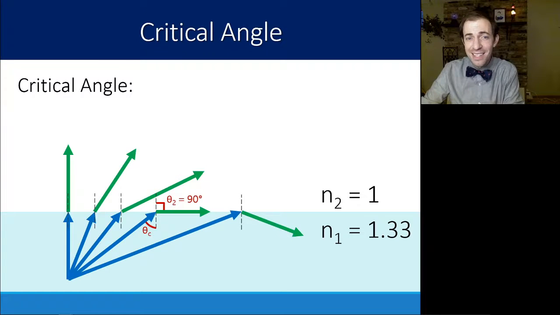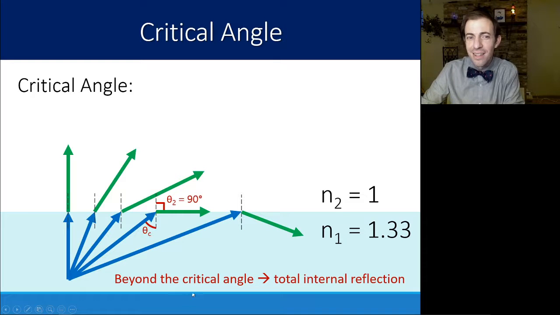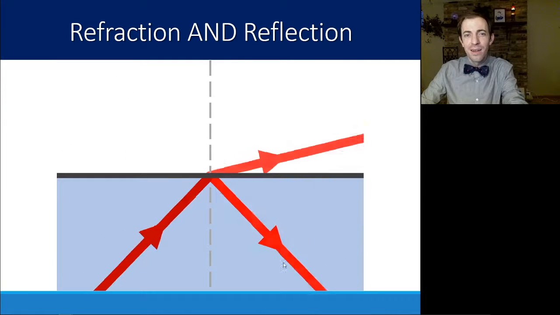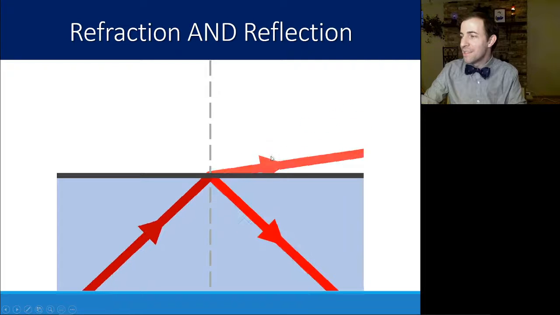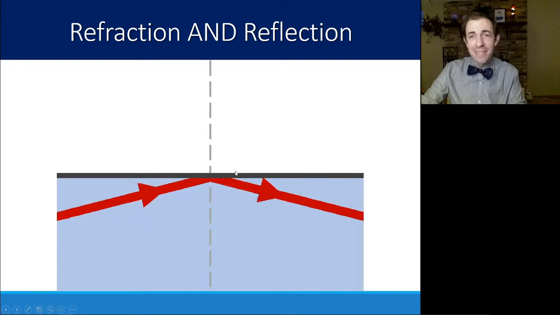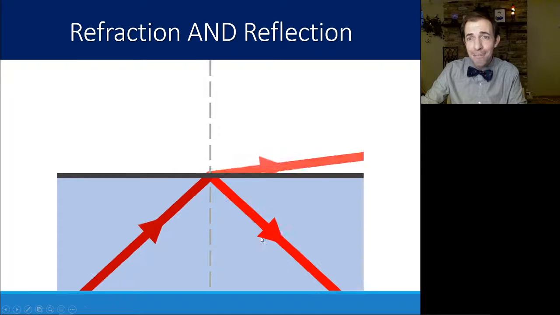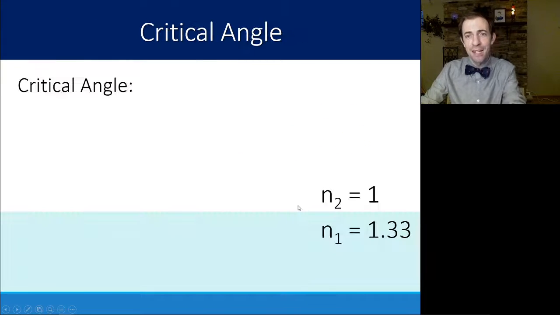Anything beyond this is what we call totally internally reflected. Anything beyond the critical angle gives us total internal reflection. We saw that in the animation on the other slide. When this goes far enough past 90 degrees, any angle beyond that just stays trapped inside and all reflects back.